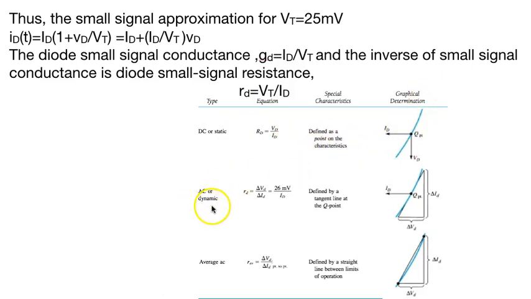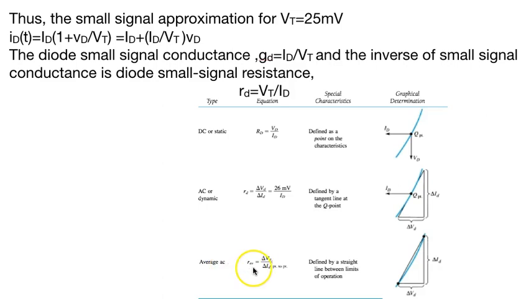For AC or dynamic, R_D is equal to V_T over I_D. V_T is the threshold voltage, 26 millivolt, over I_D, defined by the tangent line at the Q point. So it is not dependent on the AC voltage.